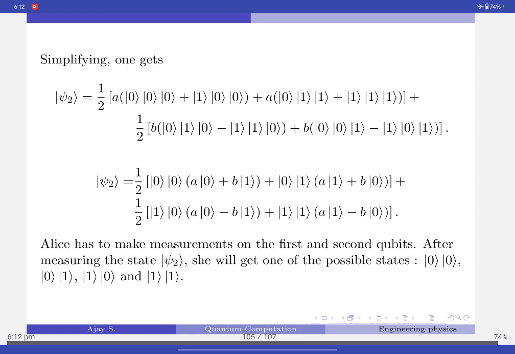So he need not do anything. That is the state psi. So he has to apply the identity gate. If Alice gets 0 1 on her measurements, Bob has to interchange 1 to 0 and 0 to 1, which is done by applying the X gate. So Bob has to apply the X gate.